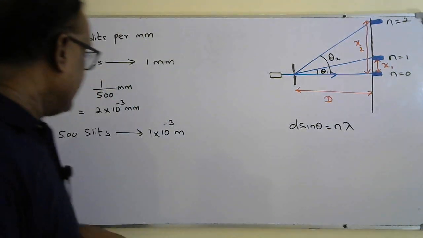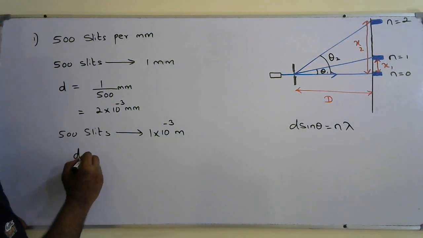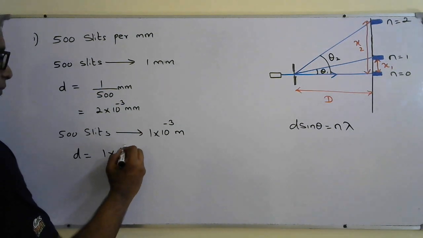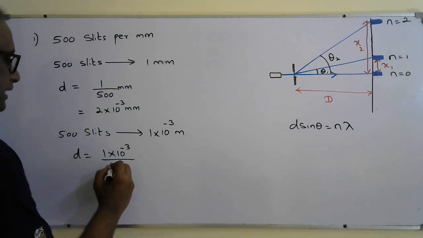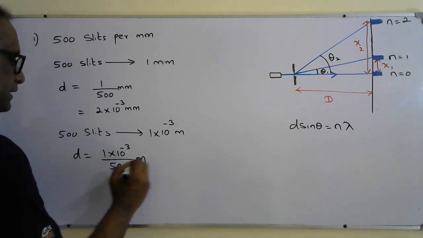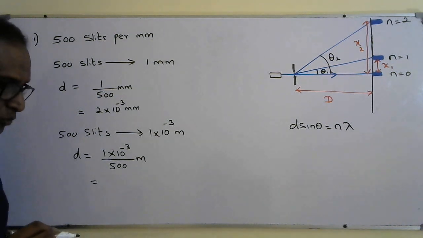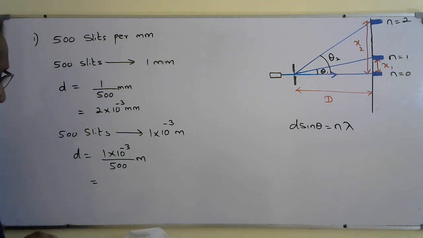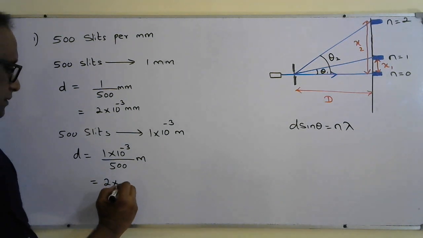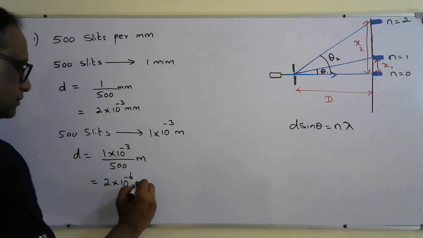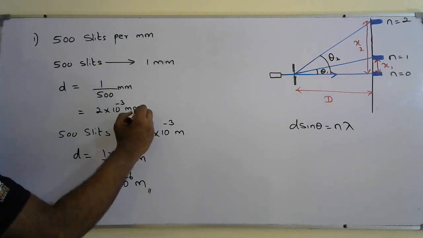Now just find d. d will be equal to 1 into 10 to the power minus 3 over 500 meter, which equals 2 into 10 to the power minus 6. That's the way we find d.